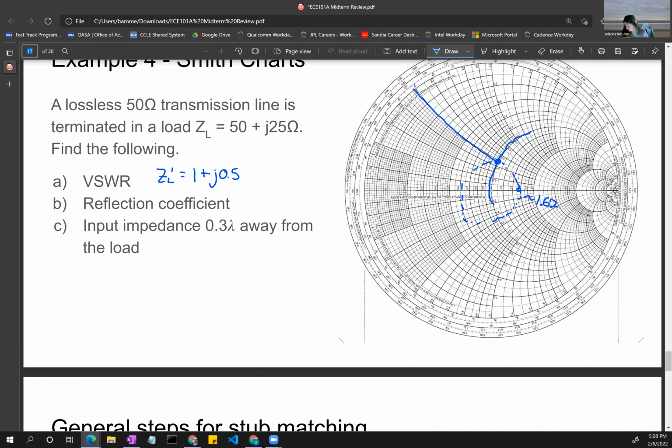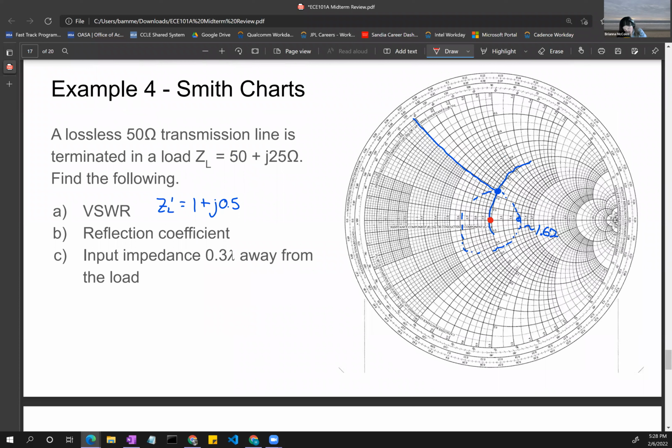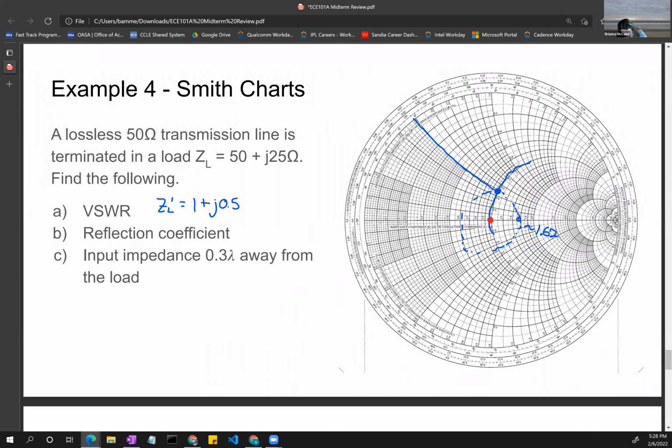Okay, so for the reflection coefficient, you start from the center of the Smith chart, which is this point in the middle here, and you draw a line that intersects the input impedance and goes roughly to the top of the Smith chart. There's going to be two segments of this line that are important.